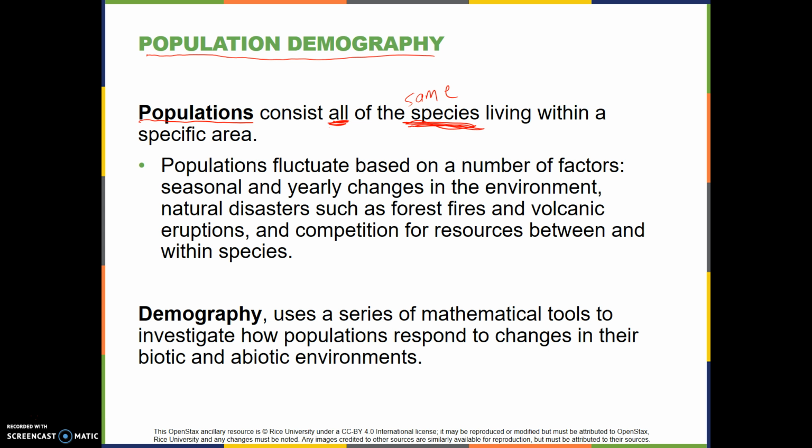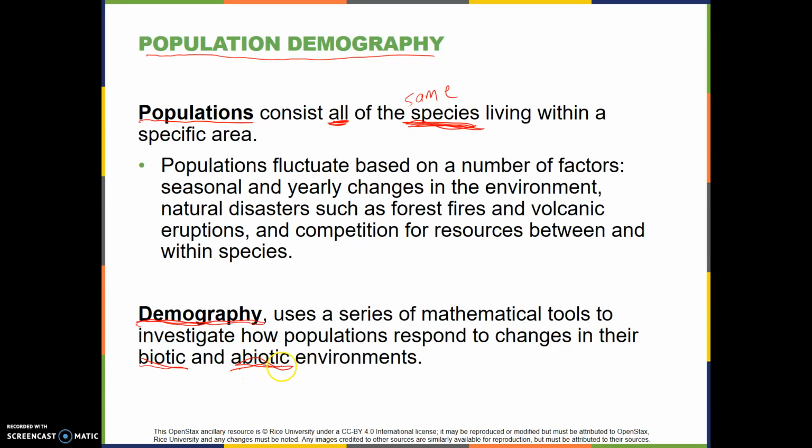And then demography uses mathematical tools, so it's more graphing and statistics, to investigate how populations respond to changes in their biotic and abiotic environment.